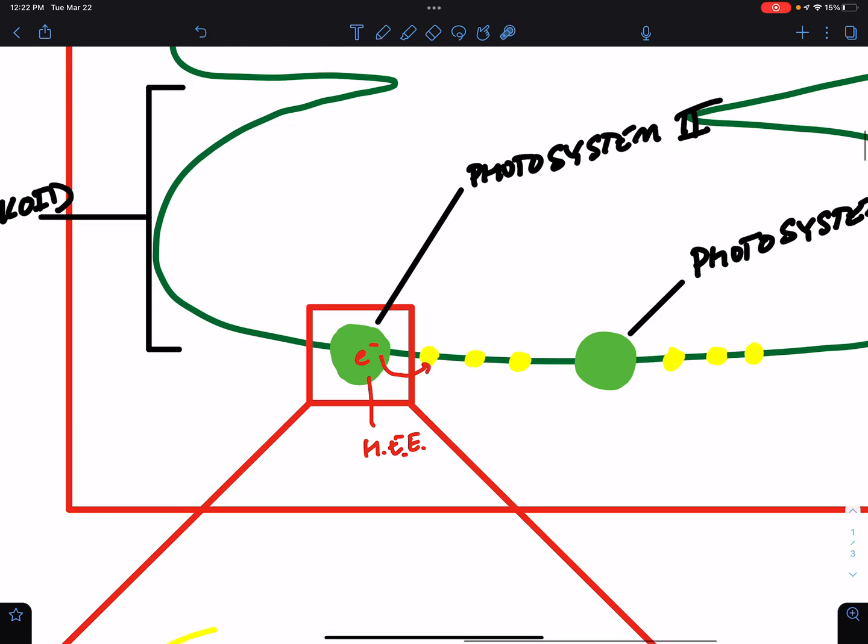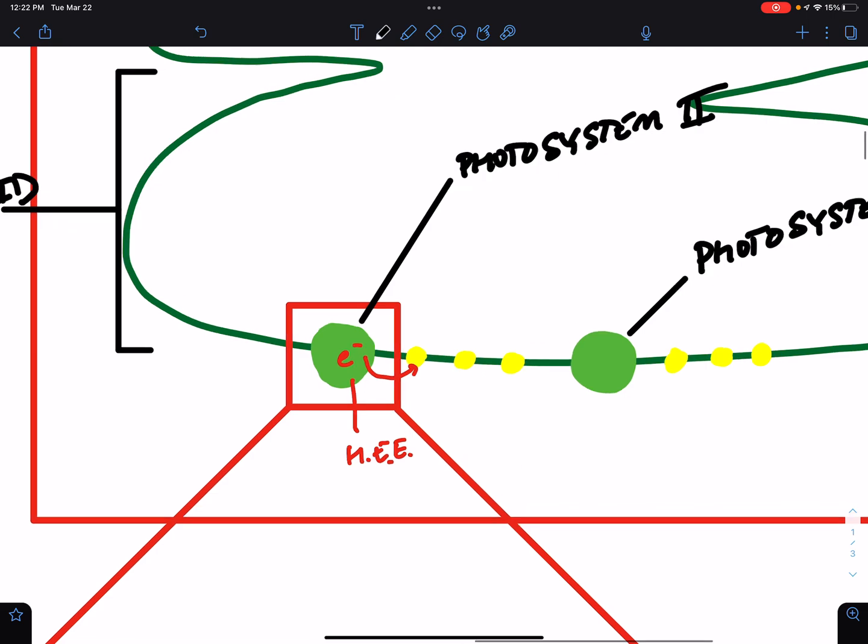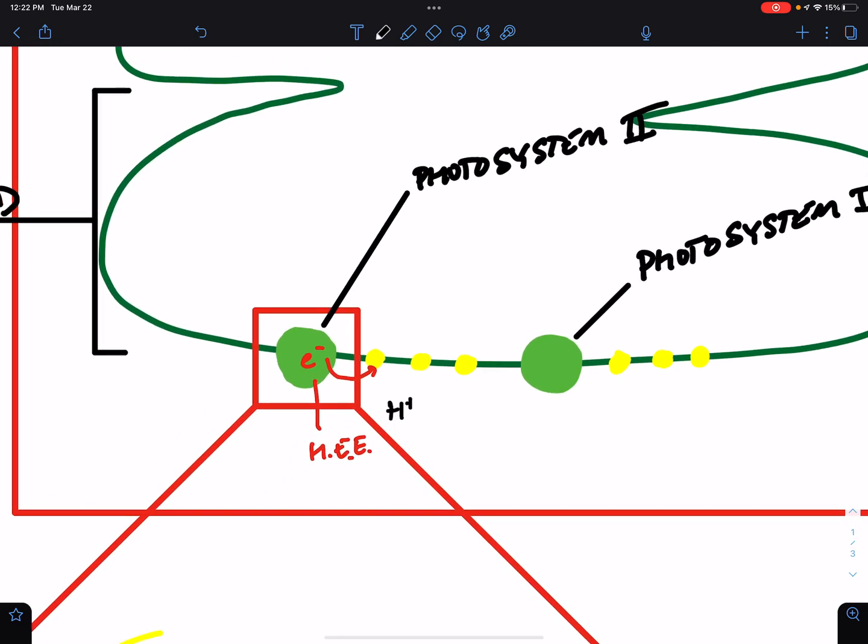And what happens here is that each of these little yellow dots symbolizes a pump. This high energy electron has energy that can be spent to do something. The energy is spent to take hydrogen ions, which you know are charged and cannot flow through a membrane because of their charge, because they're hydrophilic and the membrane interior is hydrophobic.